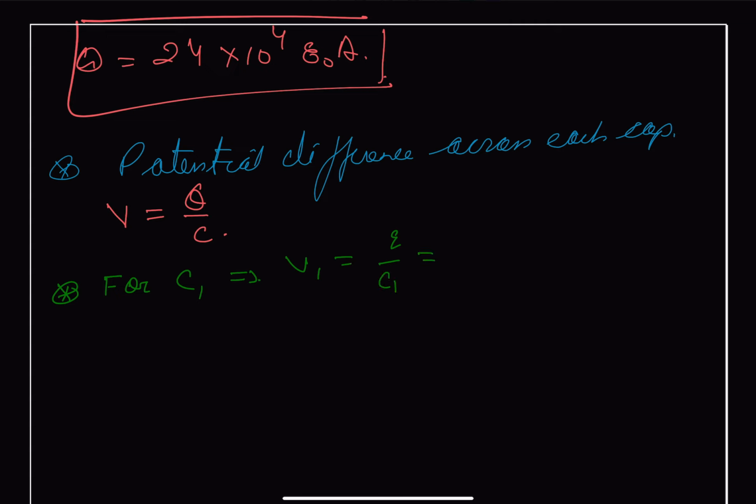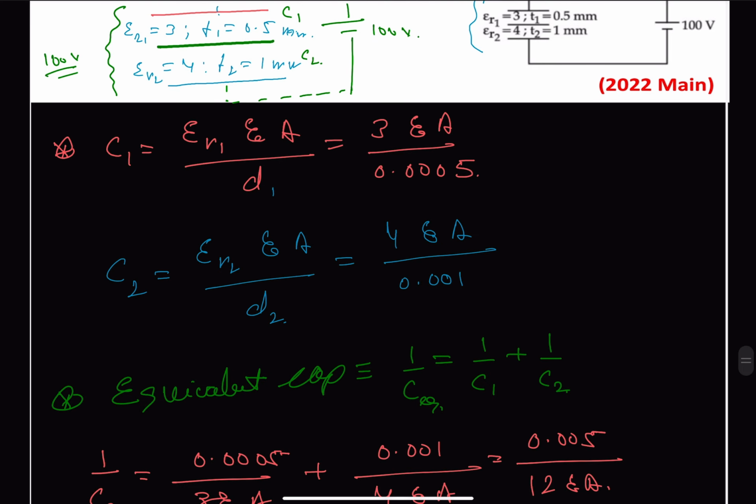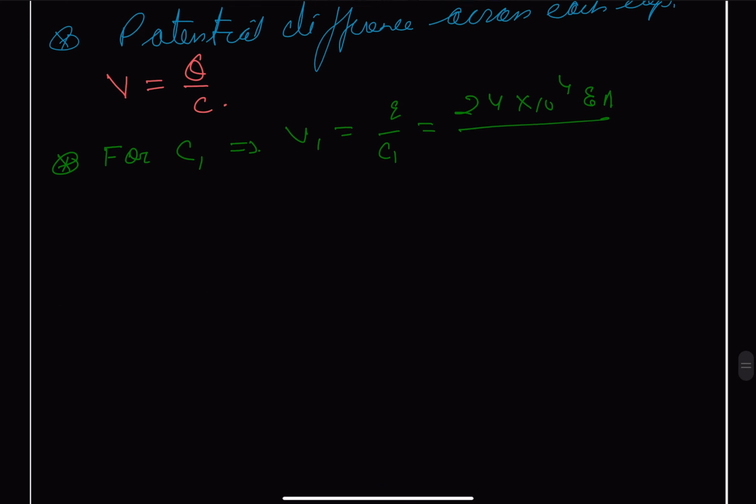Q is 24 into 10 to the power 4 epsilon naught A divided by C1, which will be equal to 6000 epsilon naught A, and C2 will be equal to 4000 epsilon naught A. So epsilon naught A goes away, we have 3 zeros cancelled with 4, and this goes by 4, this comes as 40 volts.